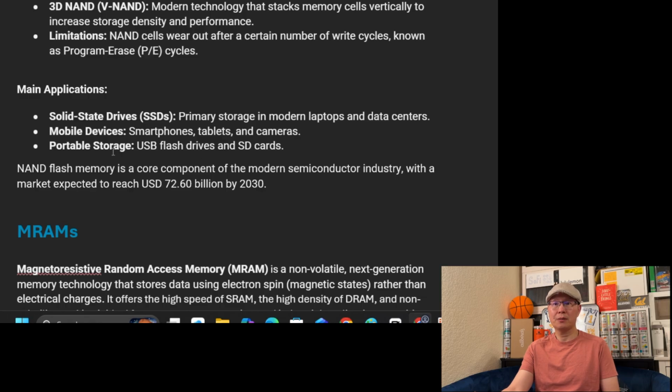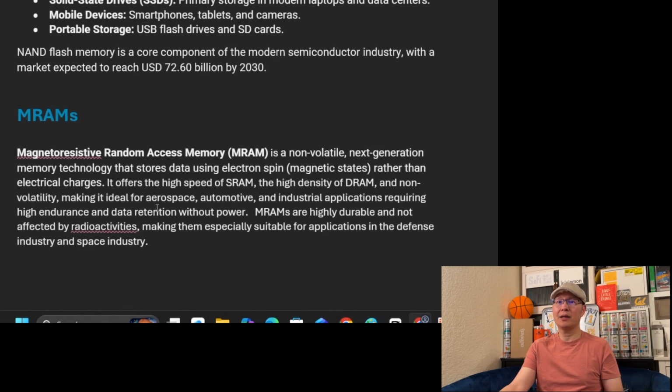Portable storage: USB flash drives we just talked about, and SD cards, the one that I just showed you. NAND flash memory is a core component of the modern semiconductor industry, with a market expected to reach USD 72.60 billion by 2030.